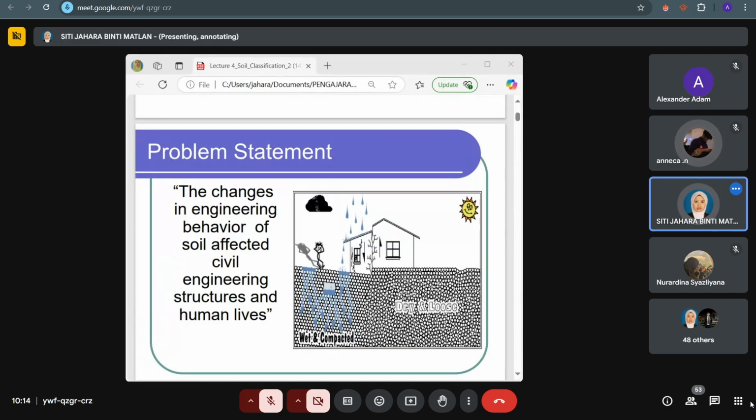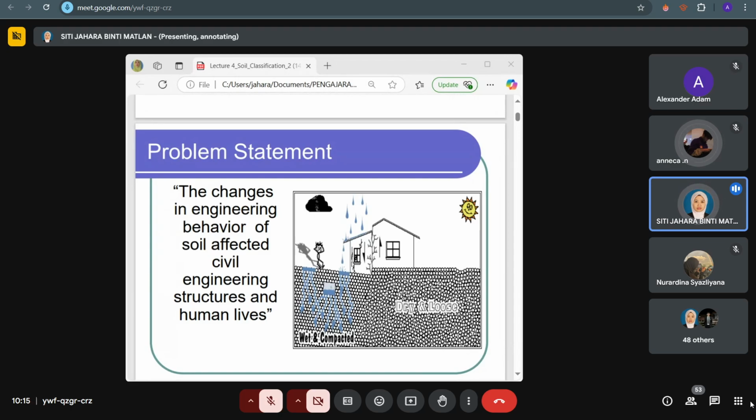Okay, this slide highlights the problem statement in geotechnical engineering. The changes in engineering behavior of soil affect civil engineering structures and human life. The key idea from this slide is that soil is not a static material. It changes its behavior with moisture content, compaction, and also external forces such as rainfall, drought, and so on.